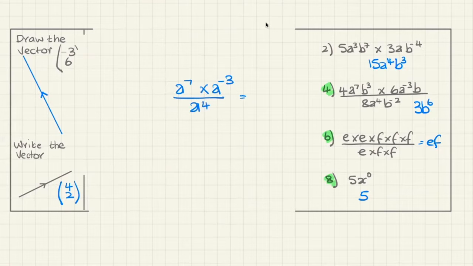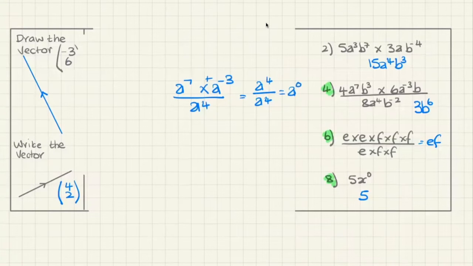The power rule is to add, and 7 plus minus 3 will be 7 minus 3. So I've got A to the power of 4 over A to the power of 4. The rule, as we know, is take 4 from 4, which will create A to the power of 0. And we know that anything raised to the power of 0 is equal to 1.